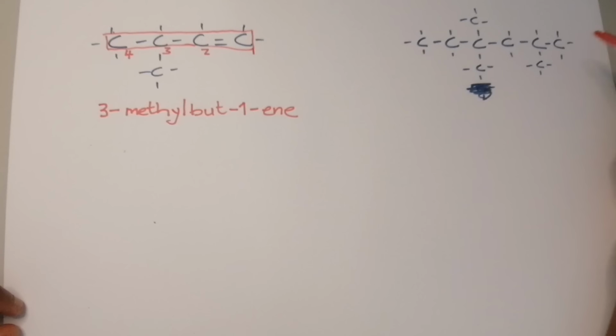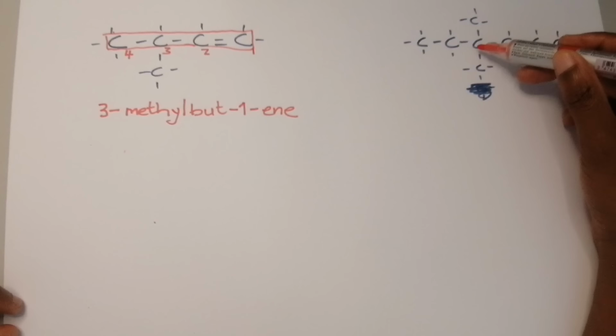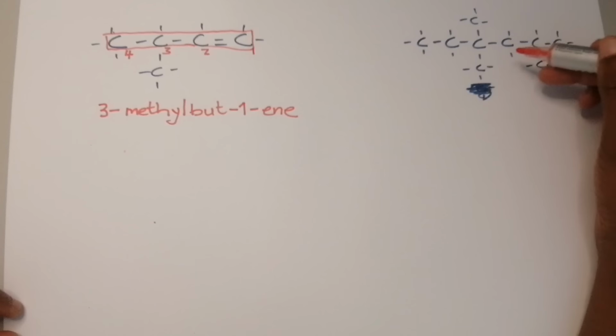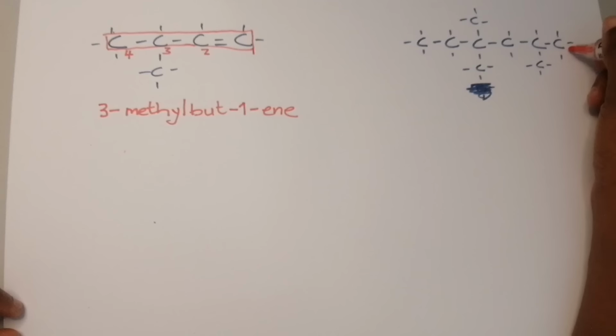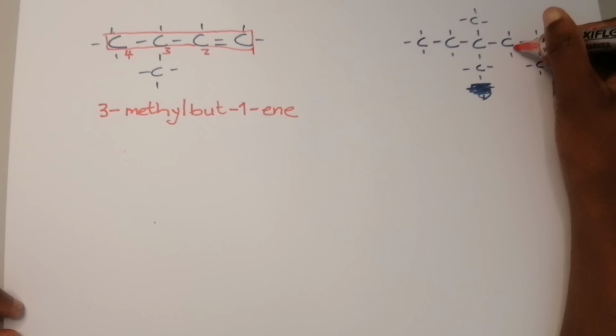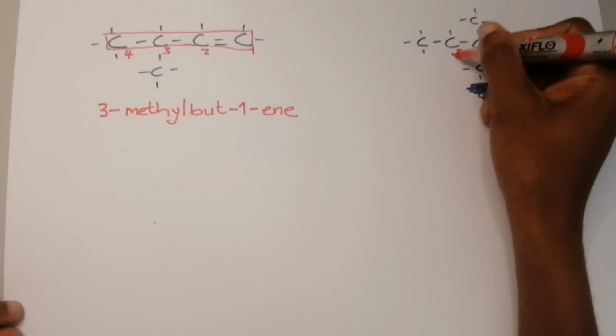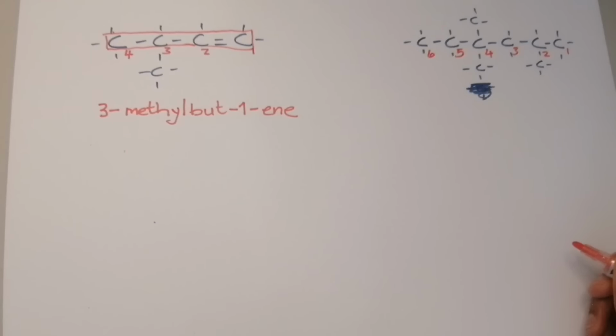If I number from that side, it's going to be 1, 2, 3, 4. So I would actually prefer to number from the right because it's closer to my side chains. So I'm going to say this is 1, 2, 3, 4, 5, and 6. Okay, right. Now, how do I name that?